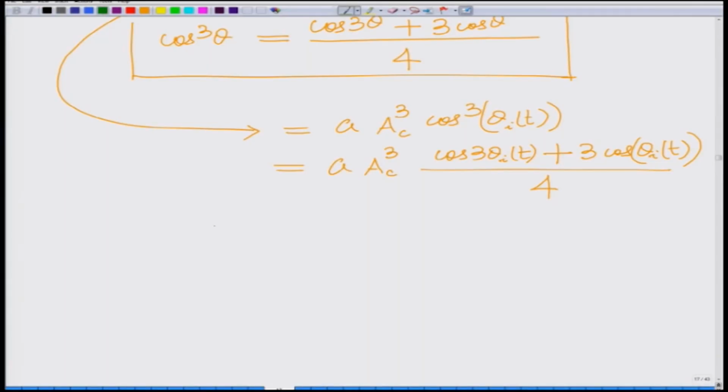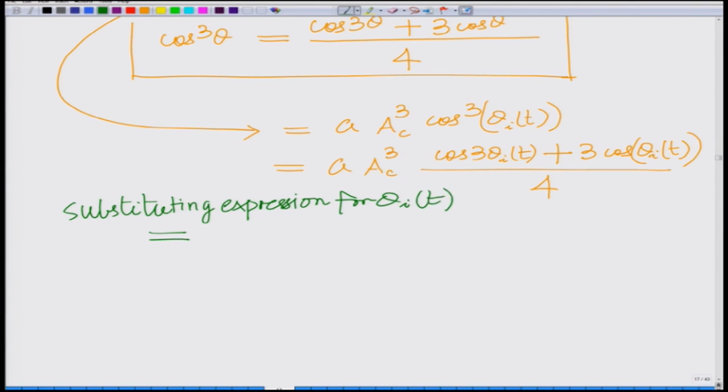Now, let us substitute the expression for theta_i(t) here, and therefore, you can see, substituting the expression for theta_i(t), we have this will be a times A_c cube, I have to write the long expression.